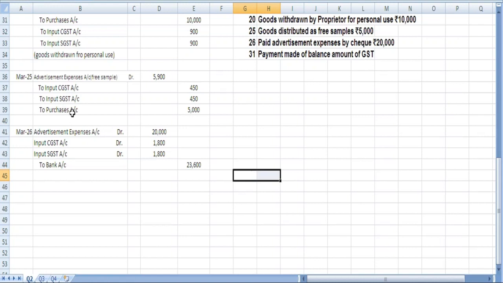This is not an extra expense, we are just taking from the purchase and giving out as free sample. So whatever was debited with the input CGST, that percentage of input CGST and input SGST we will credit. Now in March 26, it is actually an advertisement expense for the sale, and so whatever expense we have to debit because it will be charged with the advertisement expenses. Okay, now let us write a short narration.